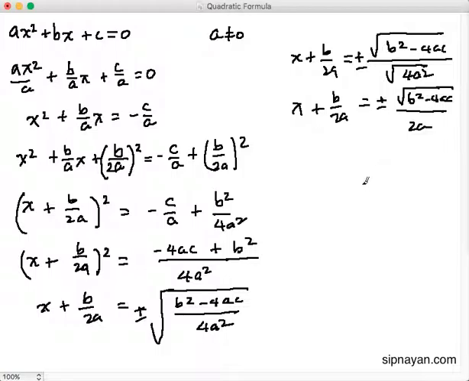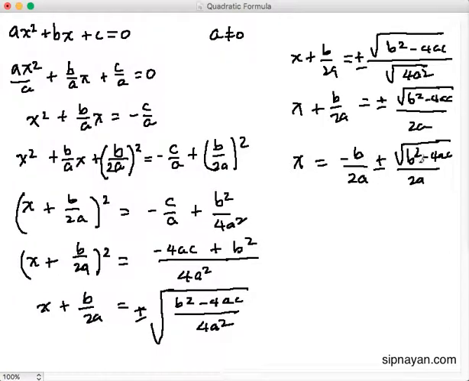And then, pwede kong kunin na yung x, no, by subtracting b over 2a from both sides. So, magiging x, pag nag-subtract ako ng b over 2a dito, wala na to. And then, pag nag-subtract ako sa kabila, magiging negative b over 2a plus minus square root of b squared minus 4ac all over 2a.